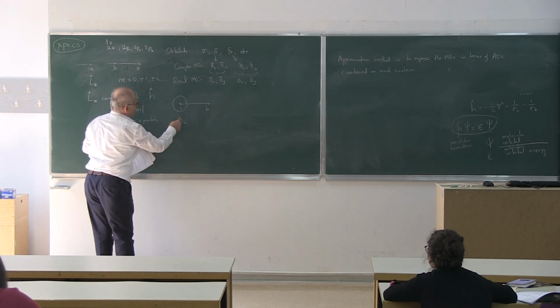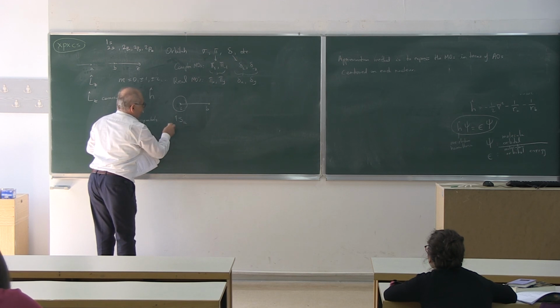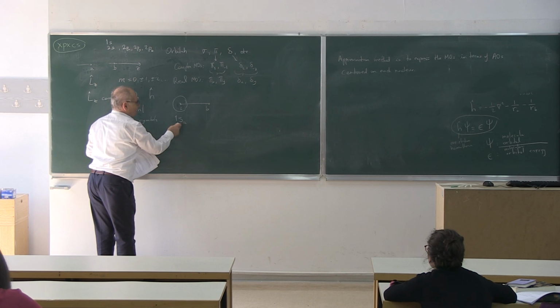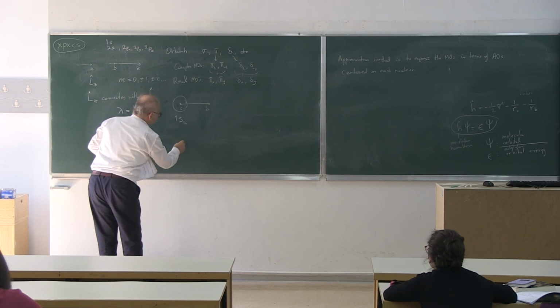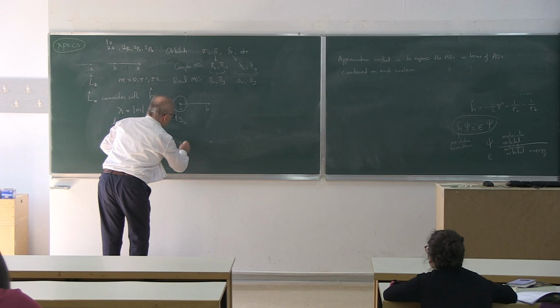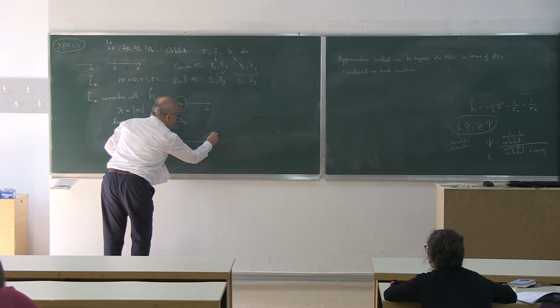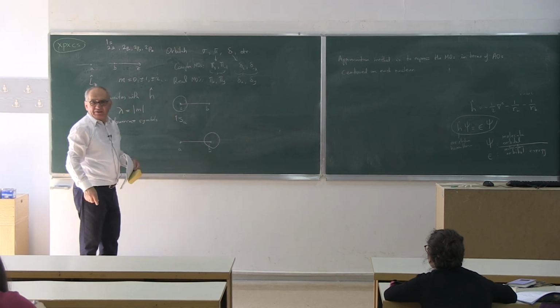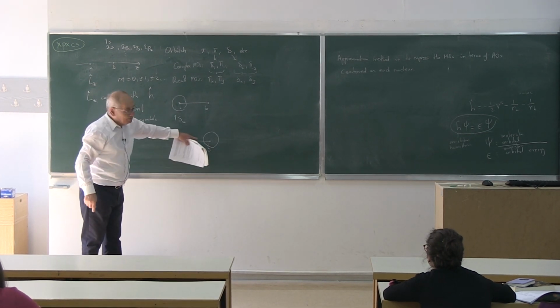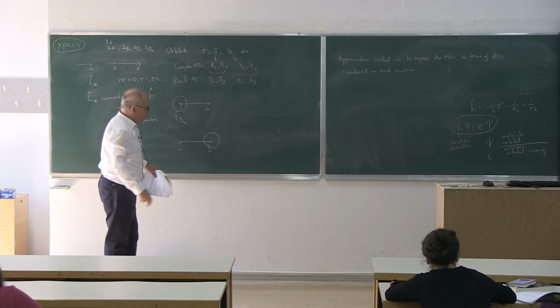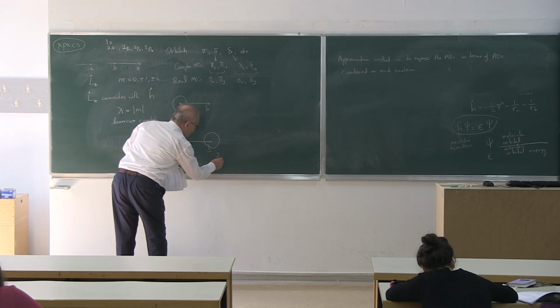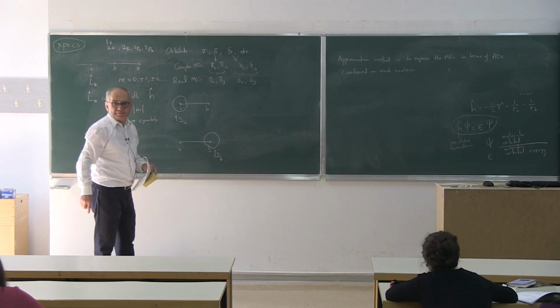Suppose this is the 1s orbital, then a 1s orbital centered on center A is indicated by this symbol. Similarly, the same s orbital but centered on center B, we will write as 1sB.